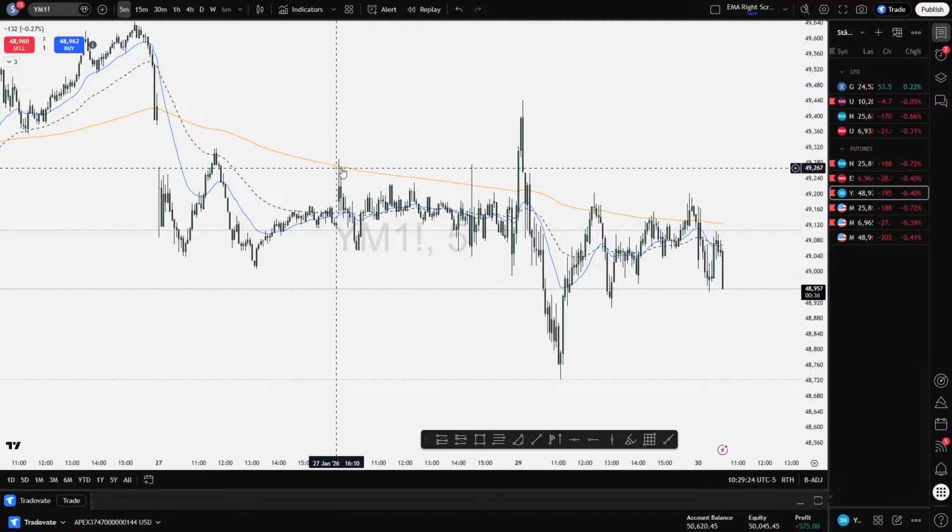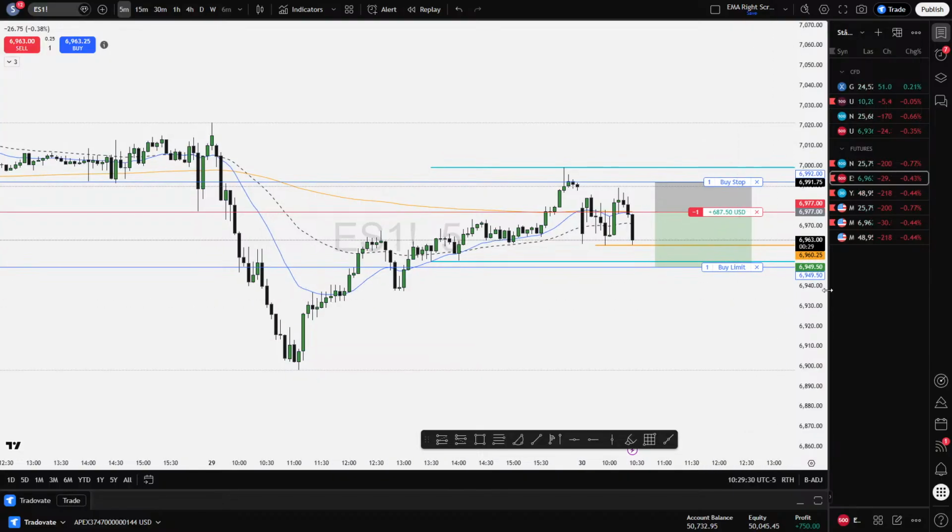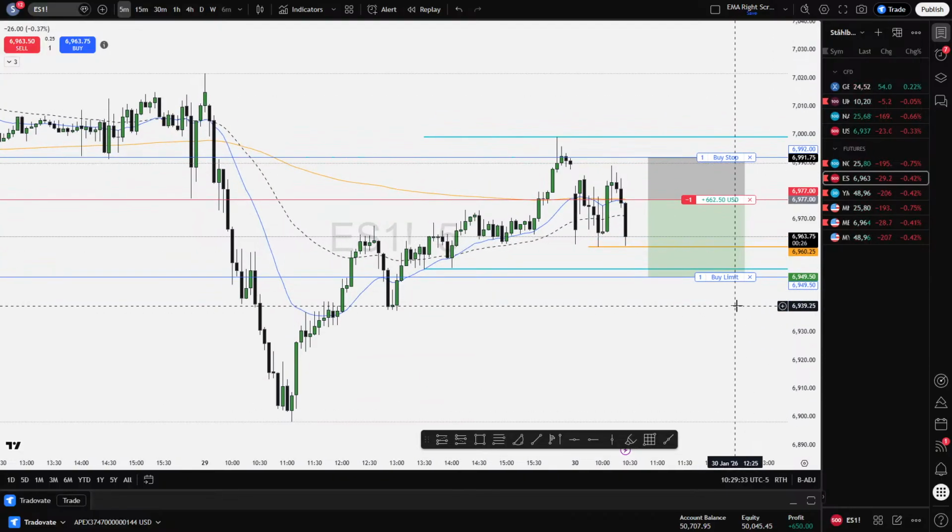YM has been a really nice scalping setup all the way down up there. Not sure if I should take this profit. Nice. Let's see if we go down here.